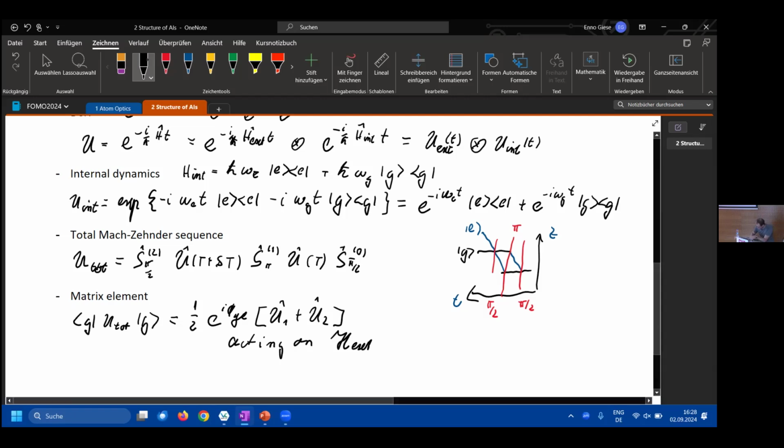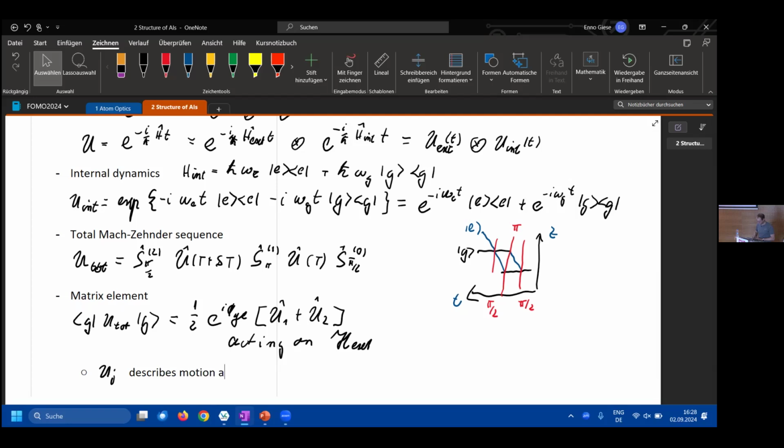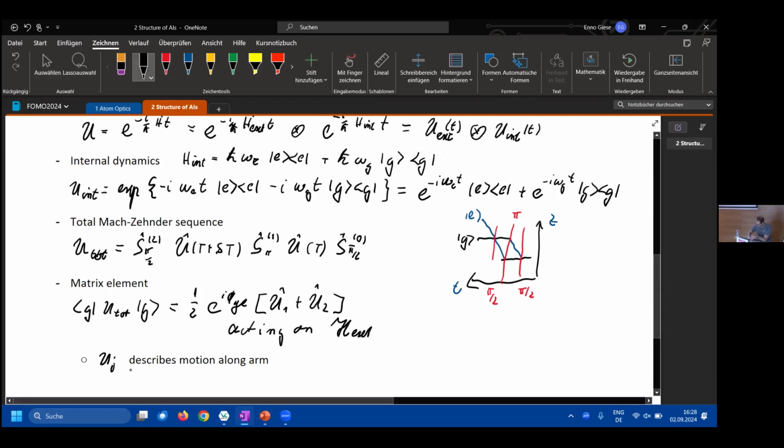And first of all, we will see that they are unitary. Uj is the description along one arm j, or branch j.